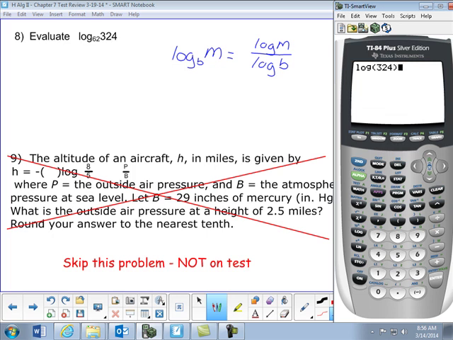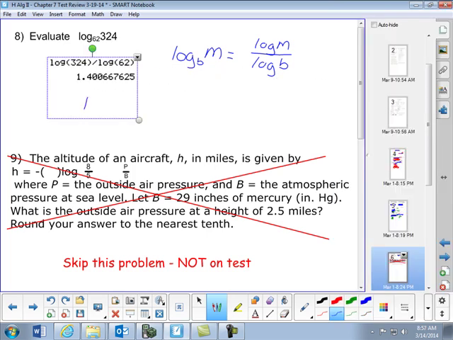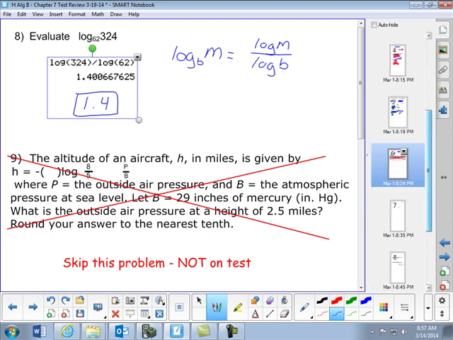Make sure you close that parenthesis, divided by the log of 62. Enter. And you get 1.4. Okay. And hopefully that one's pretty easy. Number 9 is not on there. Skip it. Don't worry about it.